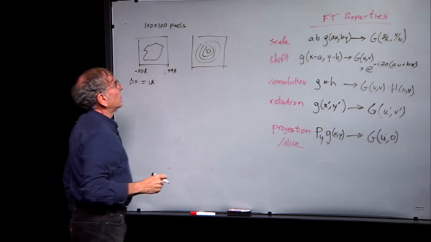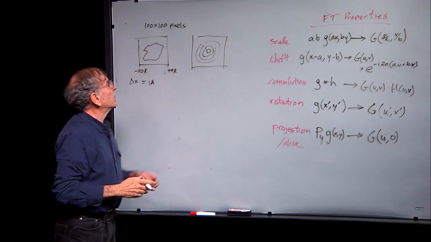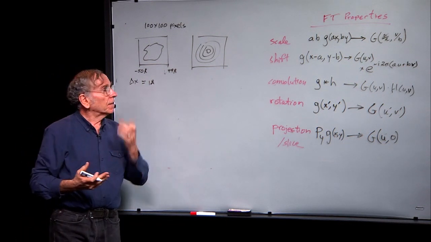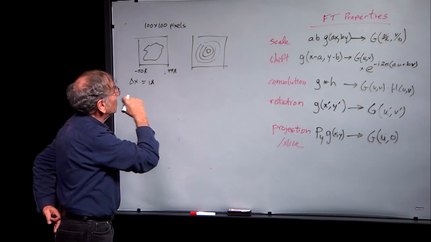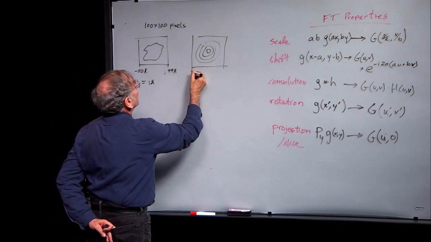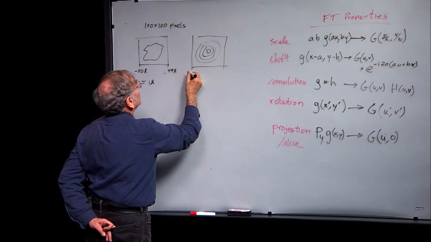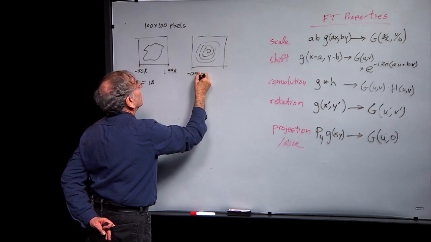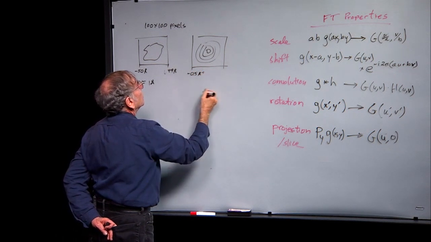Now, when I compute the Fourier transform of this, how do I label the axes of the Fourier transform? Well, because of this division by n in the formula, this is what it looks like. Over here is minus the Nyquist frequency, so this is 0.5 inverse angstroms.